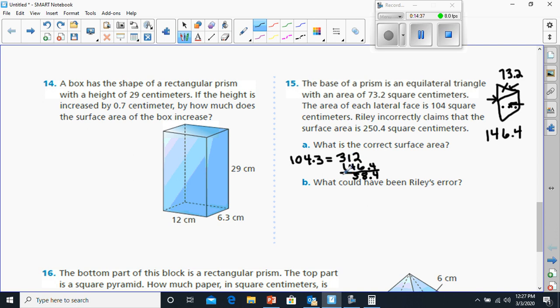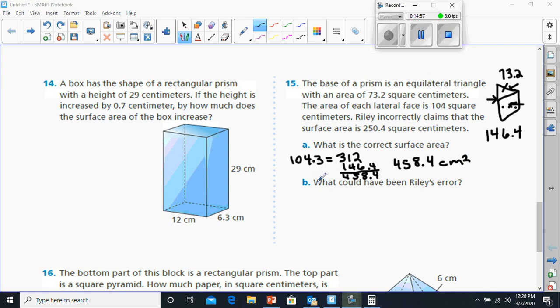That means my answer is 458.4. And since we're talking area, the correct area should be 458.4 centimeters squared.